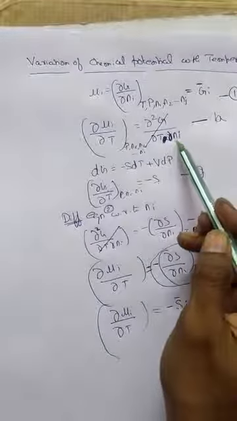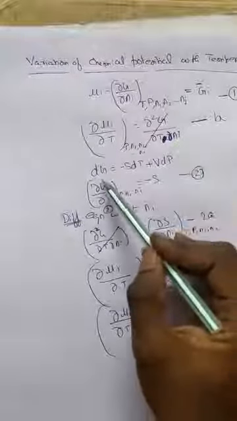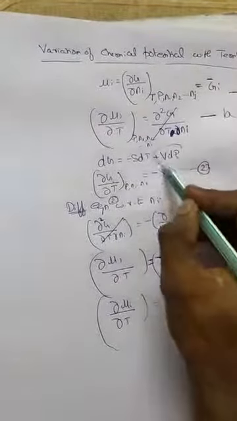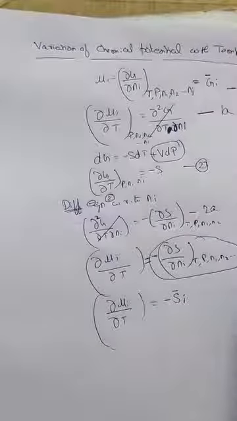We already know that dG is equal to minus SdT plus VdP. When I differentiate dG with respect to temperature, keeping pressure constant, the second term will be zero.